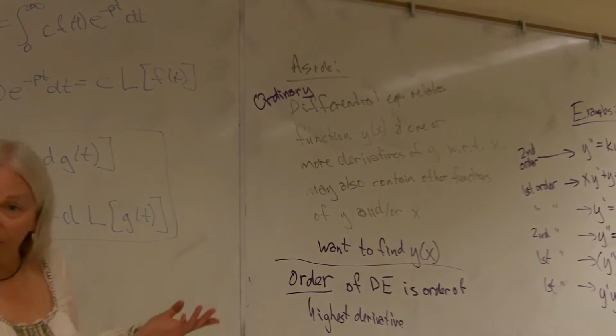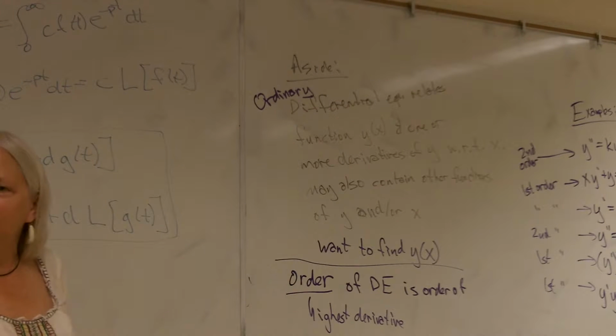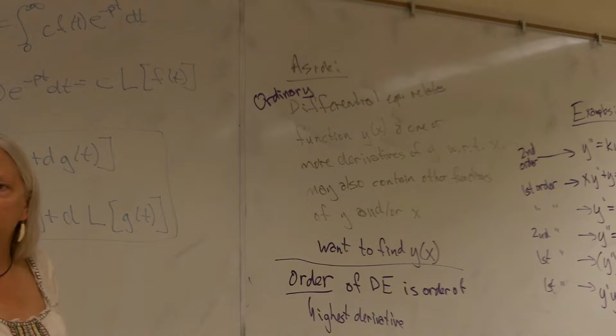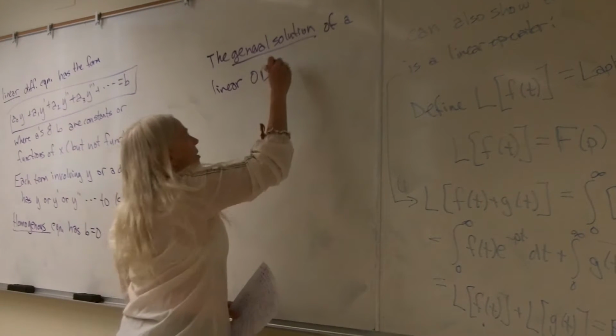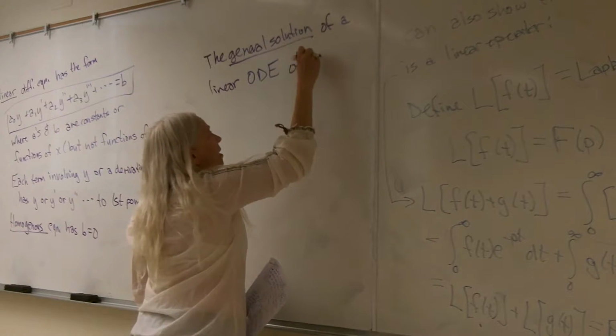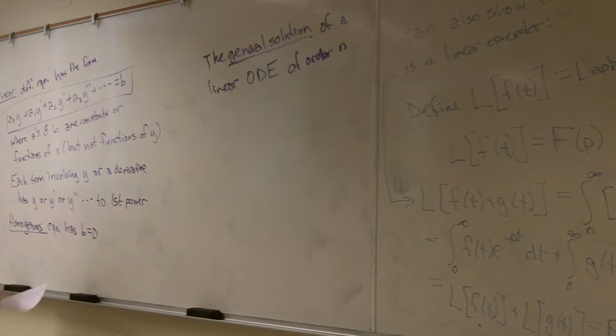We will talk about those in 473 also, but it's probably obvious we want to talk about ordinary differential equations first, right? Because they're simpler. So that's what we'll concentrate on now. So again, that's what the ODE here stands for. So the general solution of a linear ordinary differential equation of order n. So again, the nth derivative then is the highest order derivative.